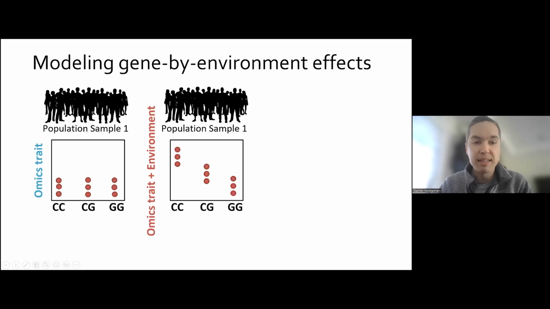And so one quick example of this is you can imagine having an omics trait from a population sample at large and looking to see how a particular trait actually stratifies by genotype or genetic information. You might see that there's actually no difference whatsoever. Whereas in the context of the environment, you can actually see that genotype matters for stratifying that omics trait of interest.